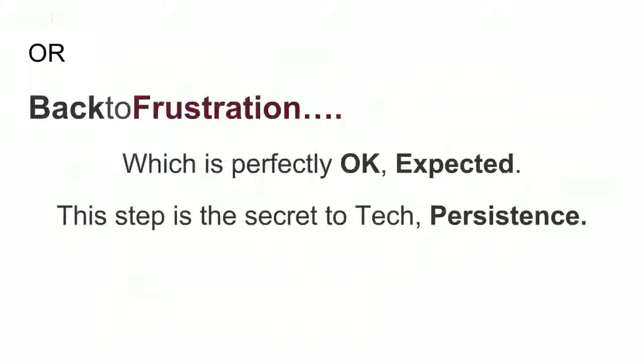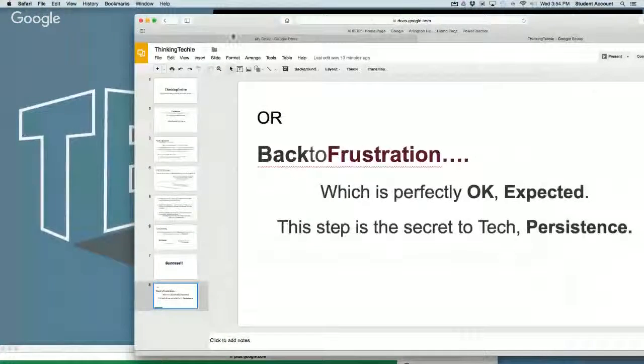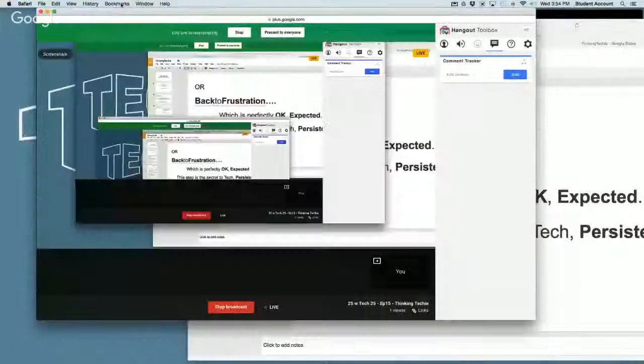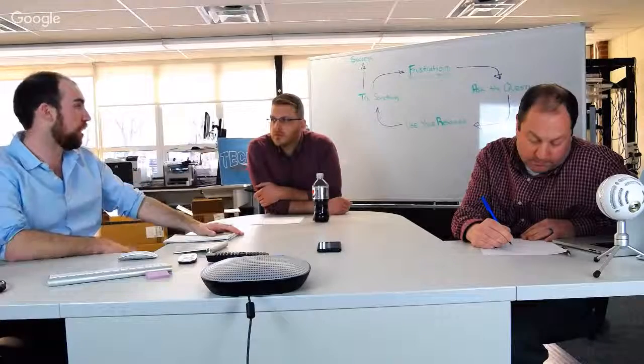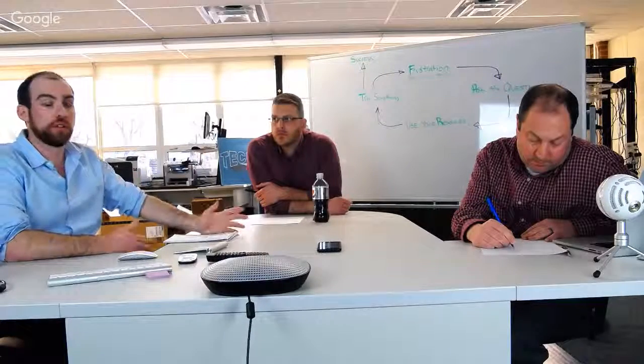Throughout this frustration, questioning, resources, and trying something new, you will be building up new knowledge and new experience, which will better equip you to solve problems the next time. So that's my simple little 4-step process. What we're going to talk about is different situations we found ourselves in that have popped up, walking through these steps and breaking it down so that it makes a little bit more sense as to how we go about different things.